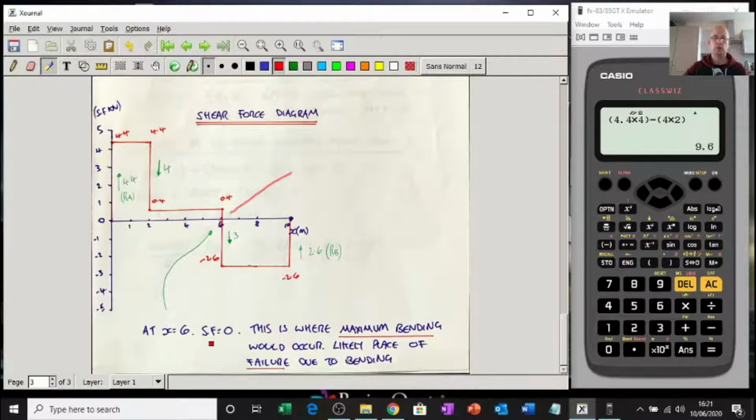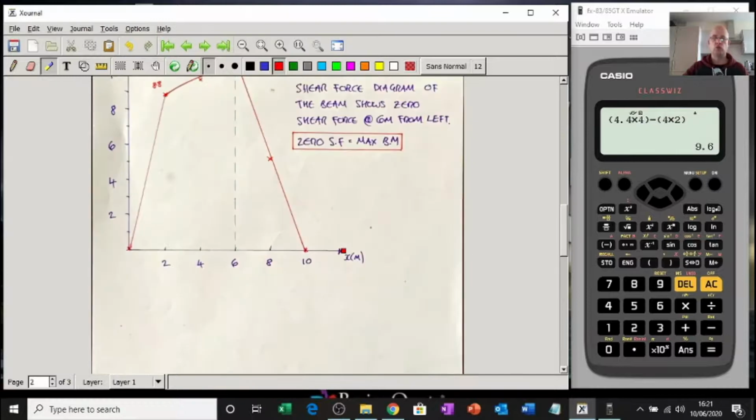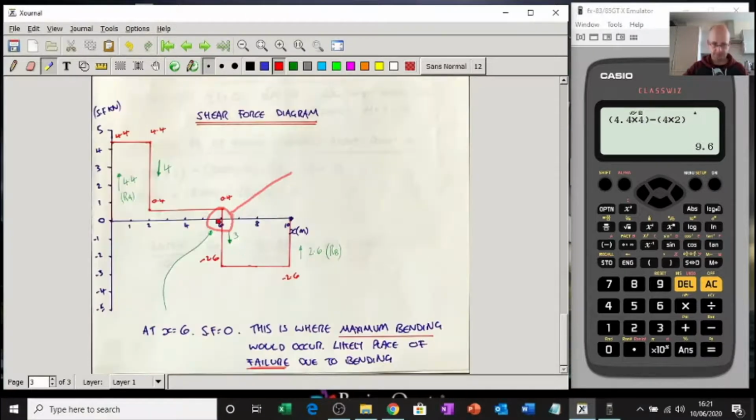So 0 shear force means it's maximum bending moment. So at x equals 6, I'm going to work a point out because I'm expecting the biggest bending moment on the beam, and like we said previously, that's where failure may occur. So that's why I'm going to do x equals 6.